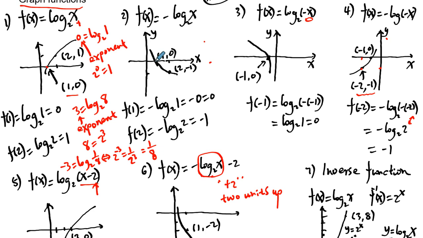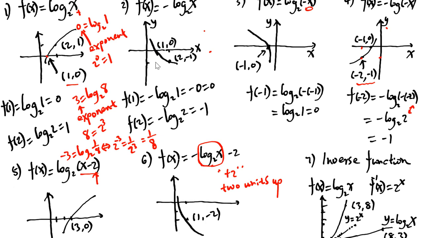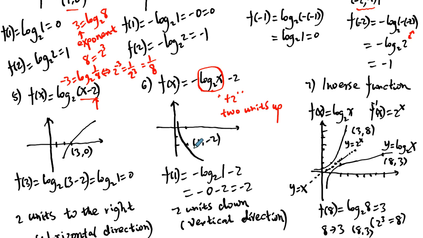Now where does this point go? What you want to do is plug in 1 here. Then you have log base 2 to the 1, which is 0. Negative 0 is still 0, so you have a minus 2, you have a negative 2.